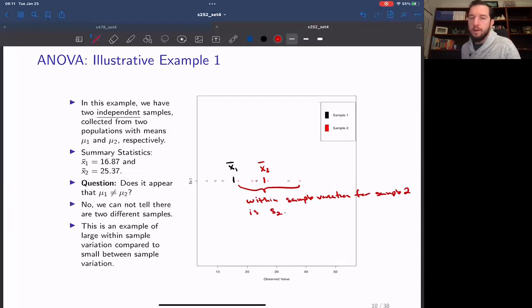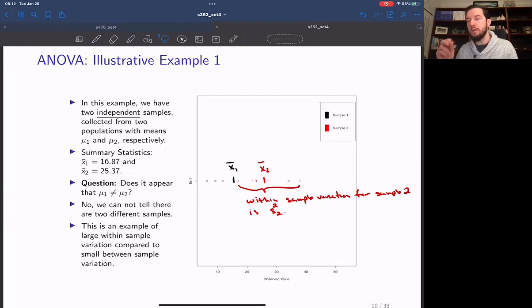I actually just mean the variance for each sample separately. So that's s2 squared, the standard deviation of sample 2 squared, so the variance of sample 2.